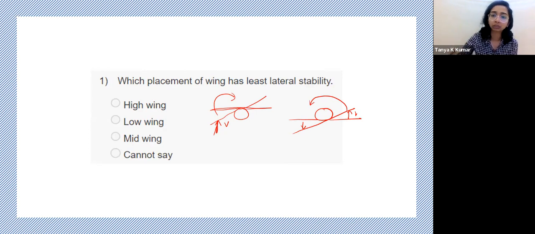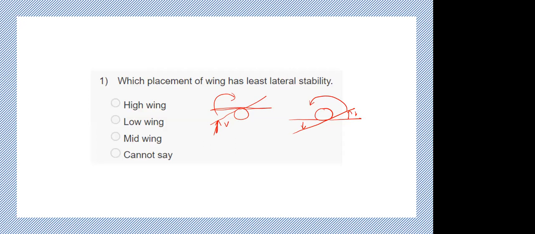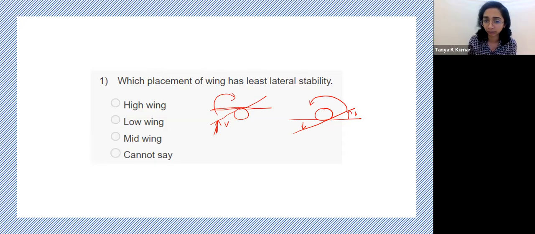So if it's a low wing, it will continue to roll in the direction of the disturbance. It will not try to regain its equilibrium. Okay. So someone who said that it depends on the aircraft, is this clear now? Yes, ma'am. So the low wing has the least lateral stability. High wing is inherently stable.